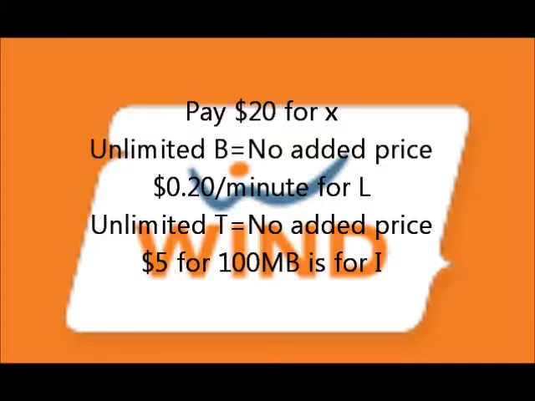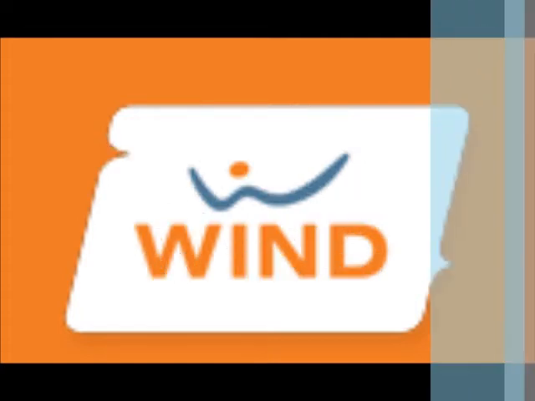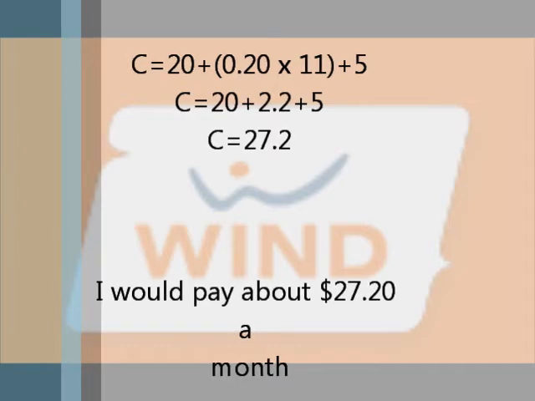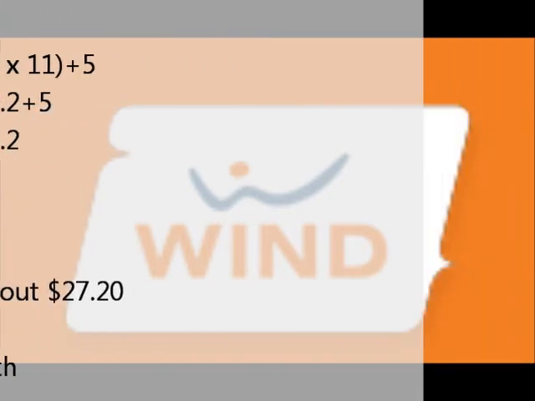This is the information for Wind Mobile. The equation would be C equals 20 plus 20 times 11 plus 5, which would equal about 27.2, which means if I chose this, I would pay about $27.20 a month.